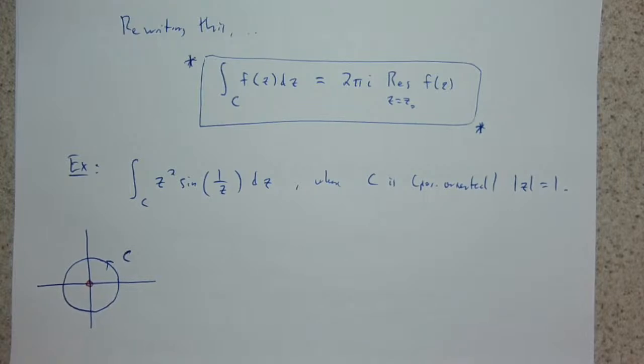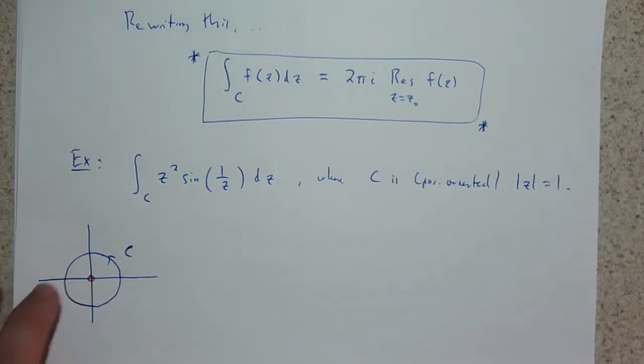And since this is the only point, not just inside of C, but in the entire plane, where this integrand is not analytic, I actually have a Laurent series expansion everywhere.